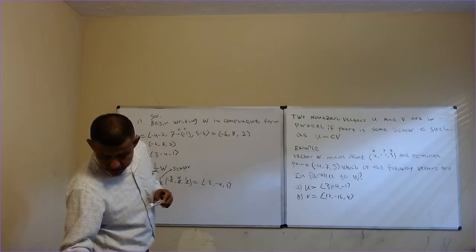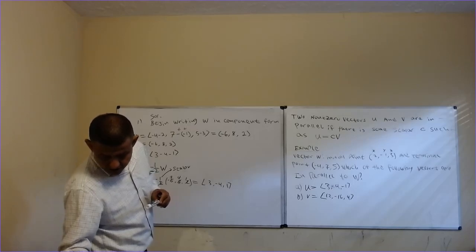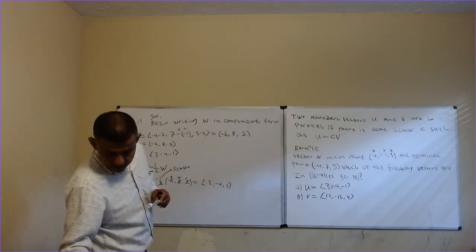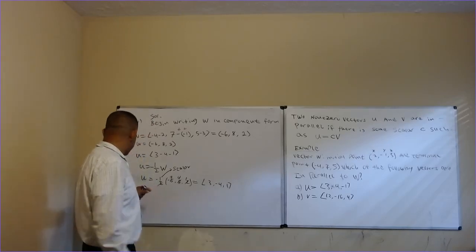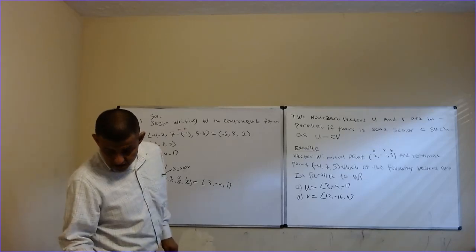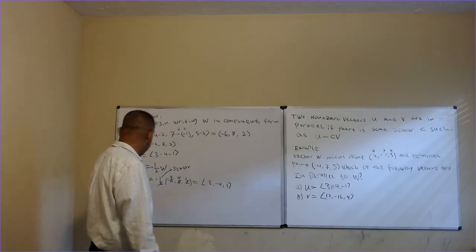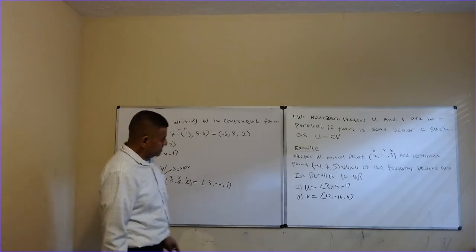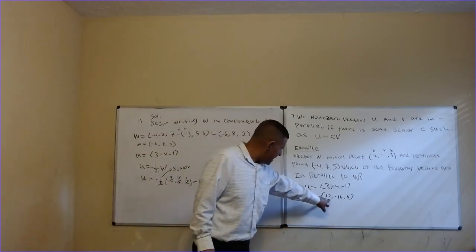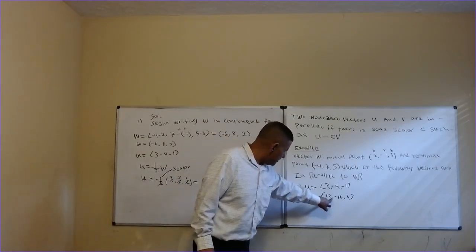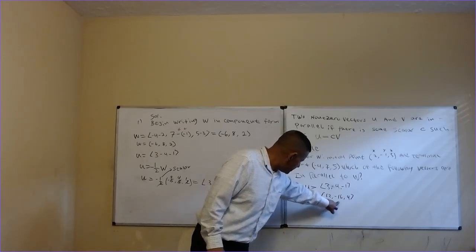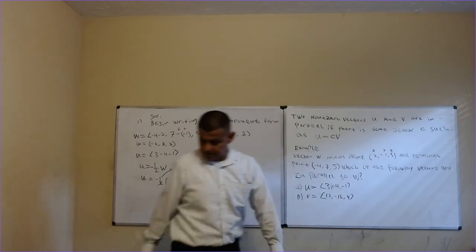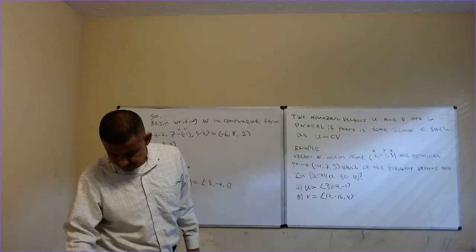So in the case of V, 2C, right? Why is it 2C? Because to make that 4, divided by 4, negative 8, and 2, right? So 2C will make that.